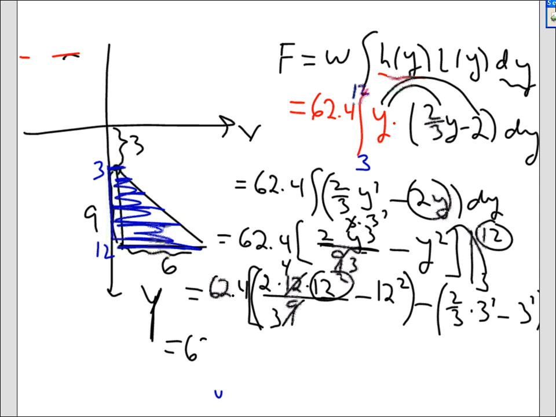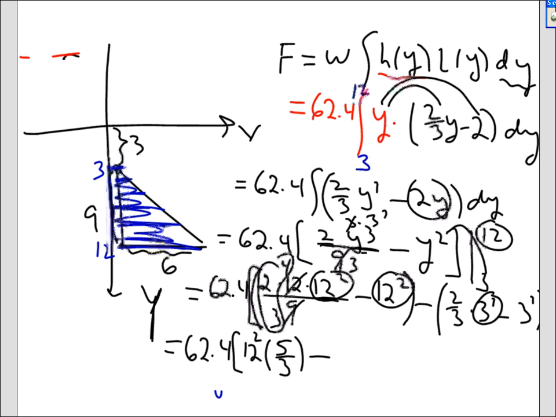Okay, you have 62.4, and you're playing games with 12 squared. How many you have? You have 8/3, 12 squareds, and you're taking away 1, 12 squared. 8/3 minus 1 is 5/3. Minus, you have 3 squares.